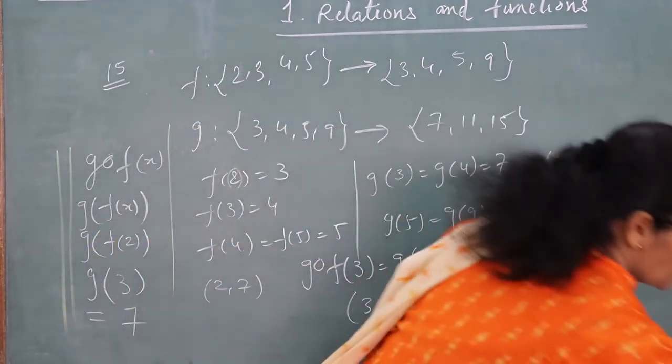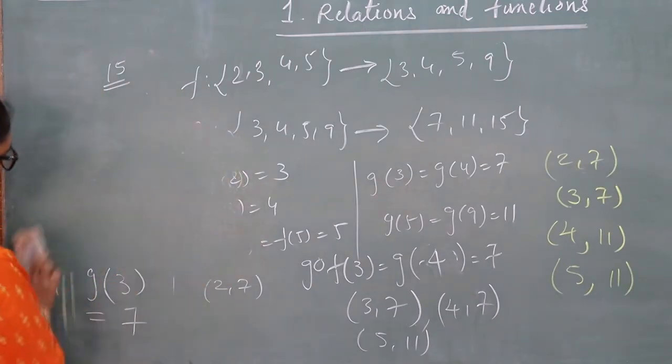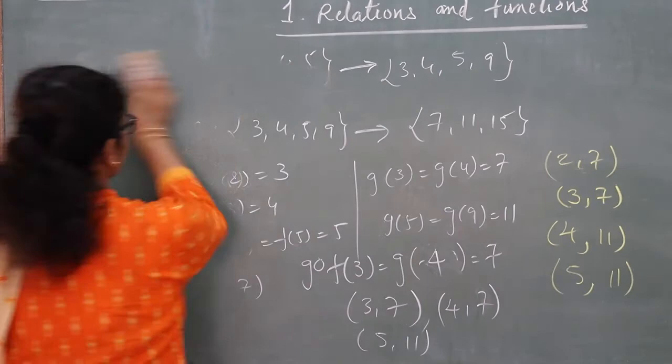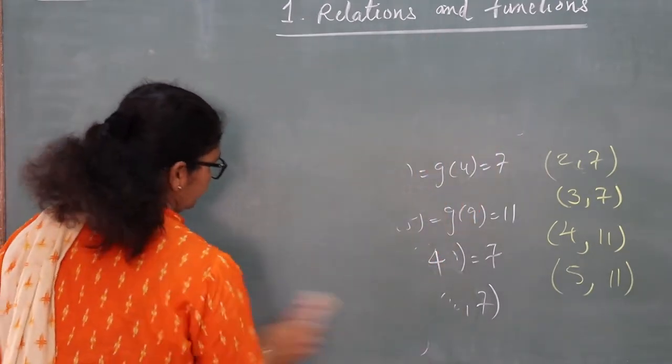So this is your first question, how to find g over f, number 15. Now come to the next question, 16. Read in your textbook, what is your 16th question?